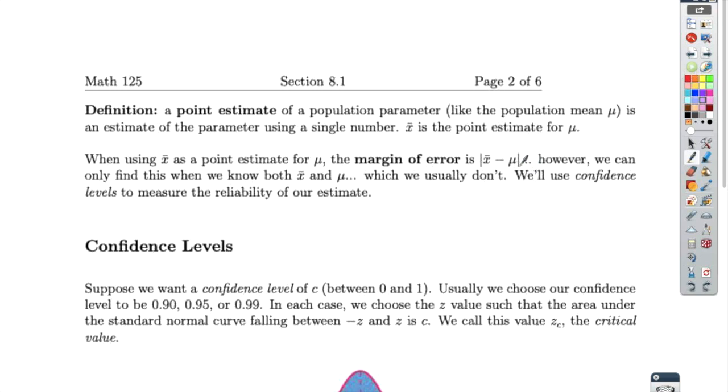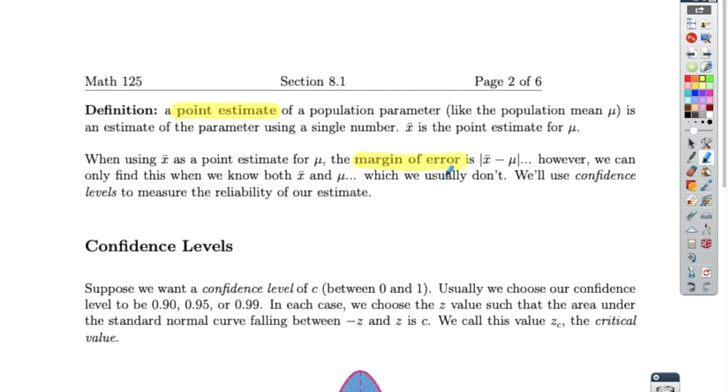Okay, so again, we have been using the sample mean as an estimate for the population mean, and there's actually a name for this. It's called a point estimate of a population parameter, which just means that it's an estimate using a single number. So X bar would be the point estimate for our population mean. Now, when you're using an estimate, we can compute something called the margin of error, which is like how close is your estimate to the real thing.